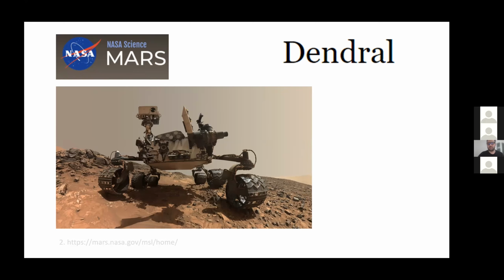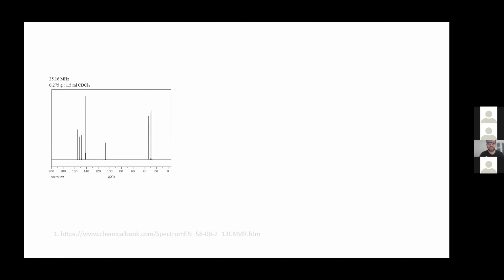But what is structure elucidation? Just to explain with a simple example, this is not an unknown but a well-known molecule. This is the NMR spectral data of caffeine.